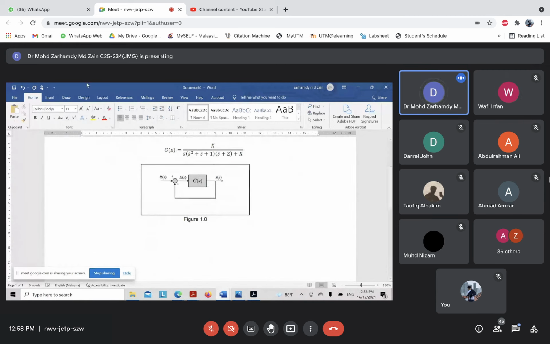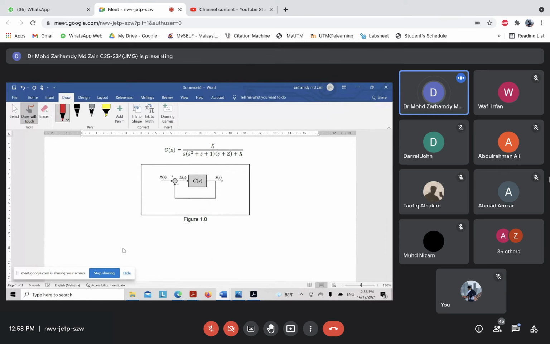Sekejap kita buat. Sekarang ni this is all your G, so our characteristic equation is 1 + GH = 0. So now 1 plus, our H is 1, no problem. So we only concentrate on G. So kita ada K. Kalau kita lihat kat sini, we need to expand this.